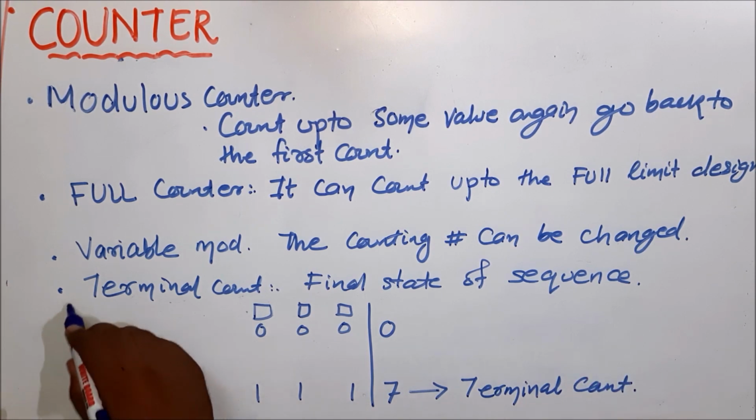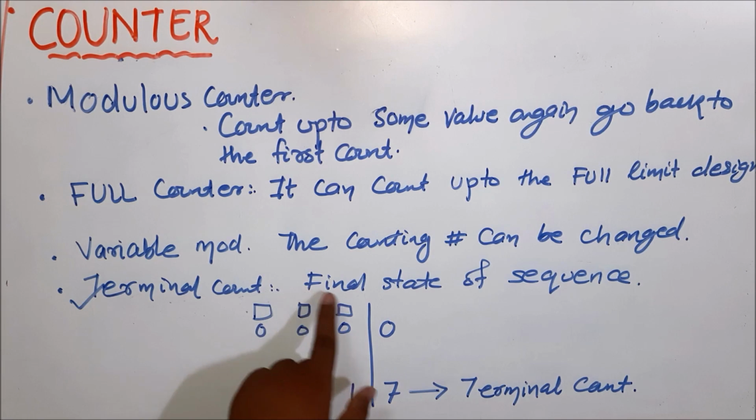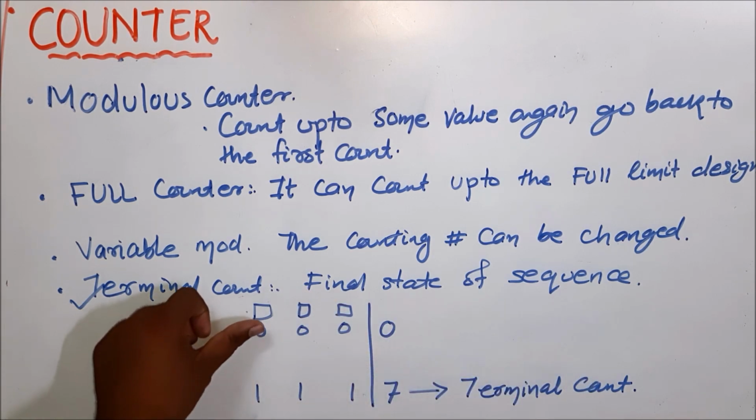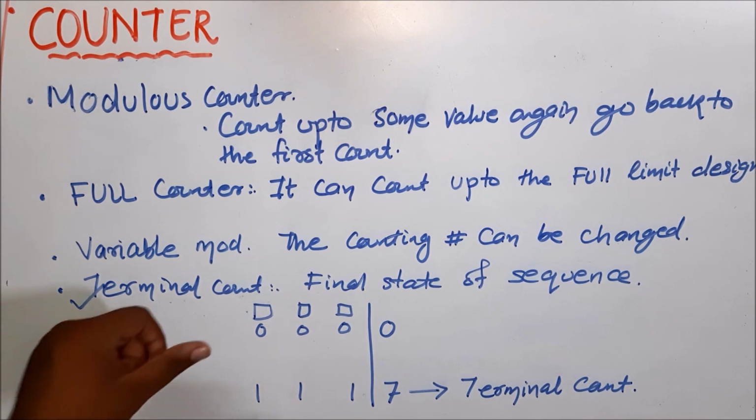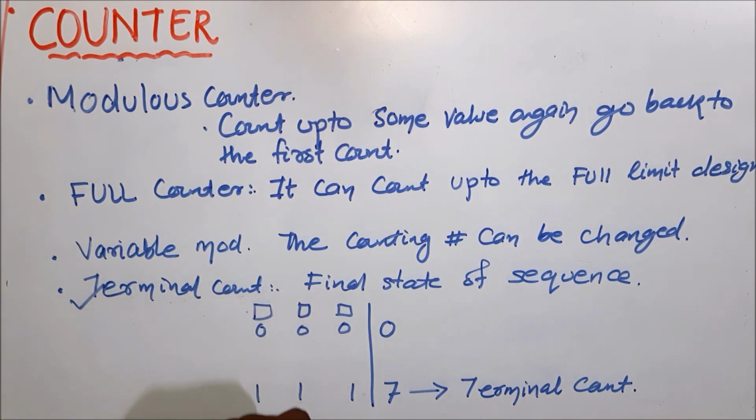This is my terminal count, that is the final state of a sequence. This is my sequence and the final state is 111. So this is called terminal count. If I am designing an up counter which can count from 0, 0, 0 to 111, the final value will be 111, that is called terminal count.